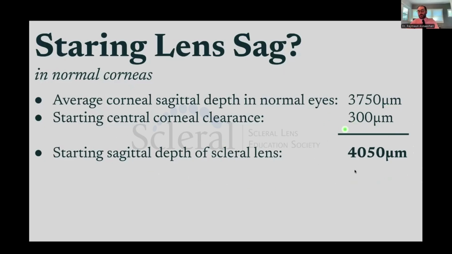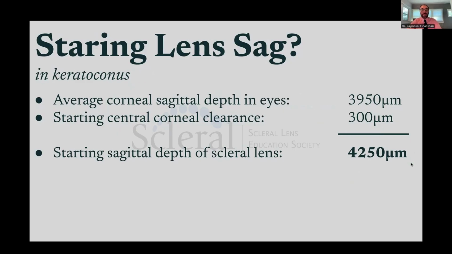Now, on the poll question, most of you selected 4300, which is where I thought you might go, and which is not a bad answer. But in that patient, you're going to have about 600 microns of excessive clearance, when if you knew the average sagittal depth in a normal cornea, you might grab something closer to 4,000, which will put you closer to your endpoint. Again, there's no right or wrong answer of what lens to select, but this can put you in a better spot.